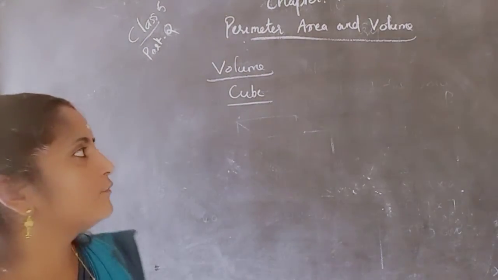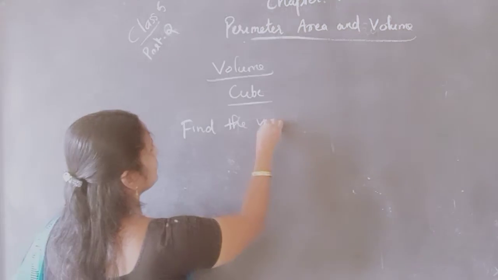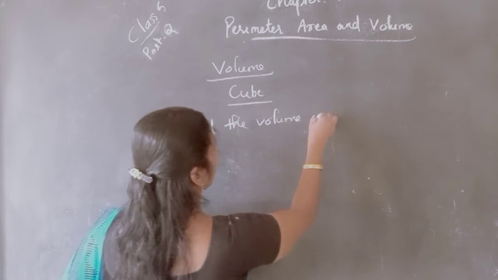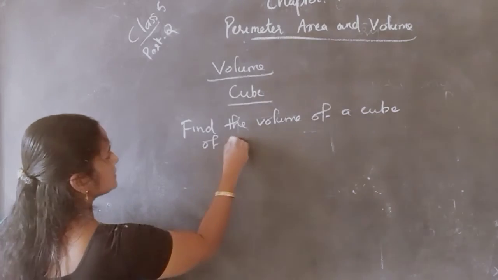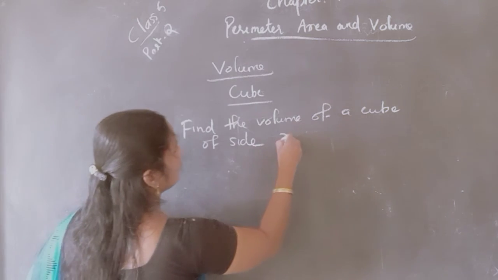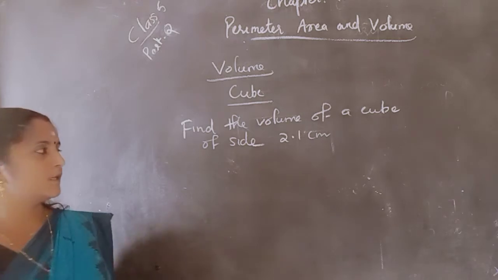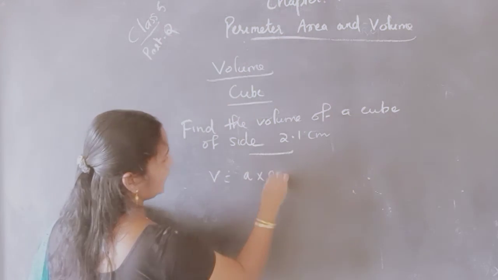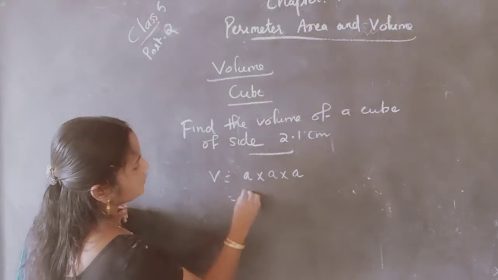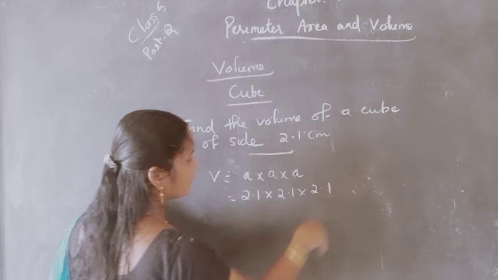Another question. Find the volume of a cube of side 2.1 centimeter. That is, volume is equal to A into A into A, that is 2.1 into 2.1 into 2.1.